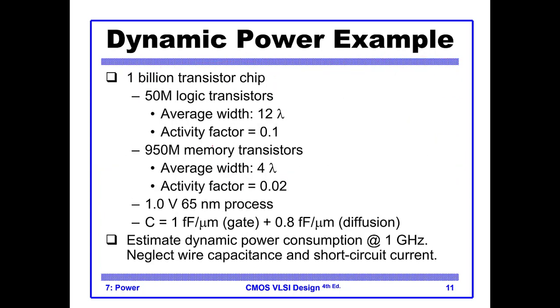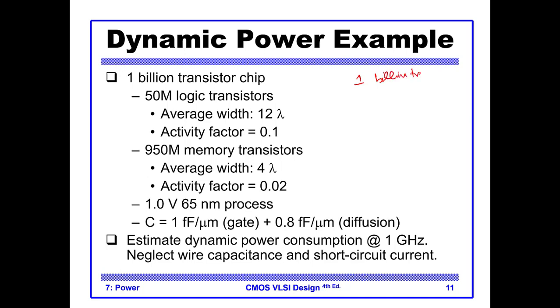So let's come to an example, which is the dynamic power consumption. We have a 1 billion transistor chip, and those are typical numbers of transistors these days.